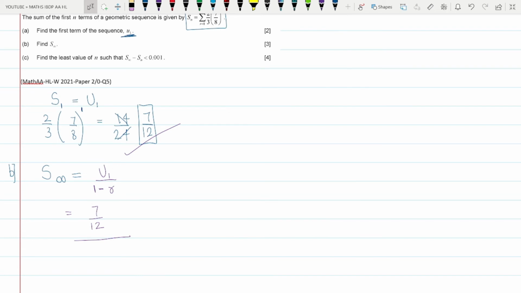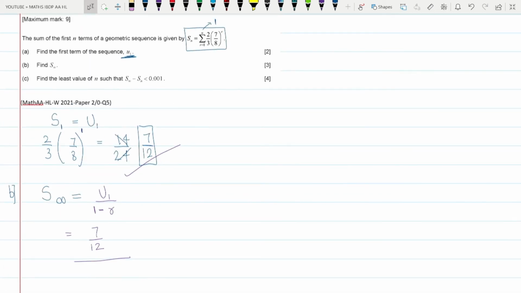The r is the common ratio between the second term and the first term. Therefore, to find the common ratio r, we need to do u2 upon u1. We already know u1, which is 7 upon 12, so we have to find u2. To find u2, I'll multiply 2 upon 3 by 7 upon 8 raised to 2.